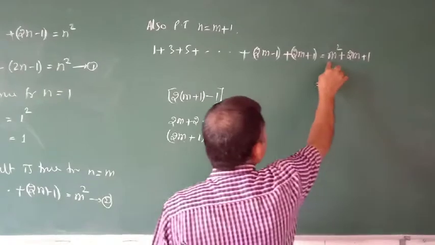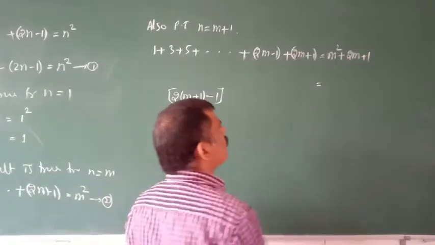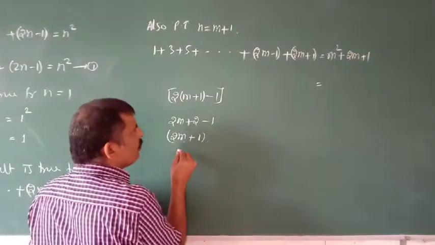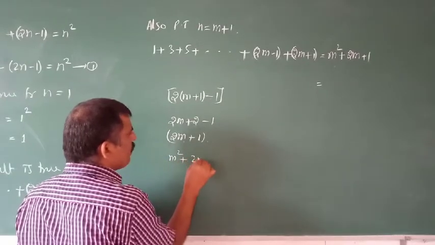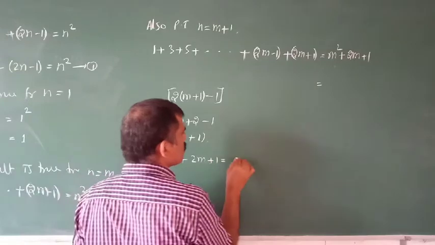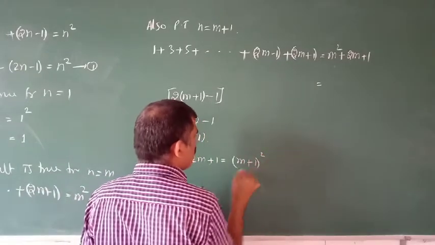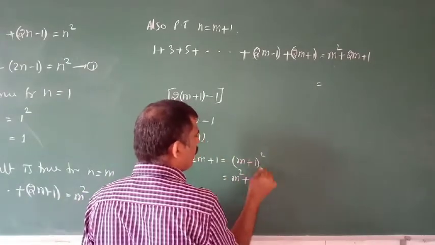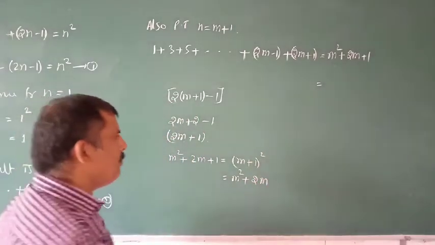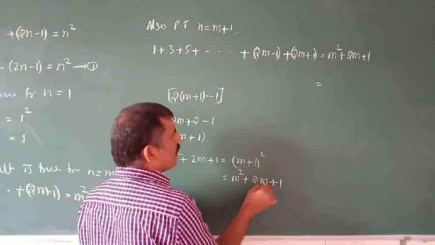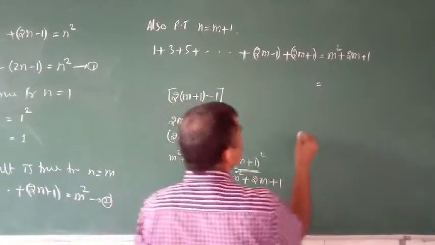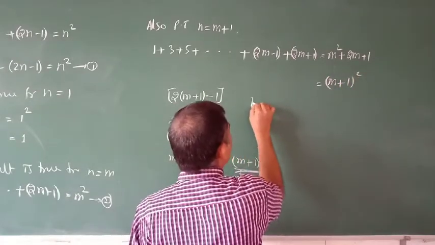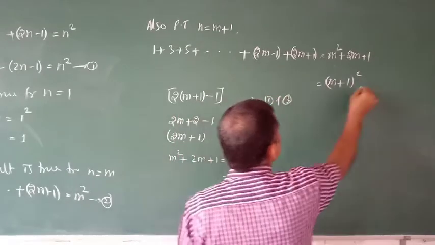Using a plus b whole square is equal to a square plus 2ab plus b square, m square plus 2m plus 1 is also written as m plus 1 whole square, with 2 into m into 1 being 2m and b square being 1.